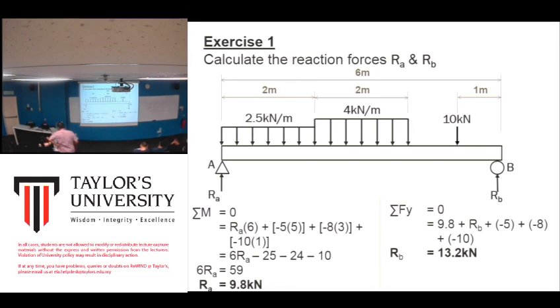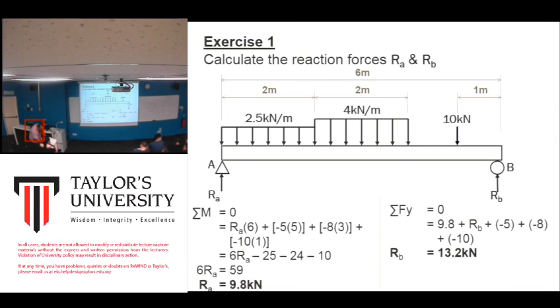Which one? Clockwise, positive. Oh, okay.